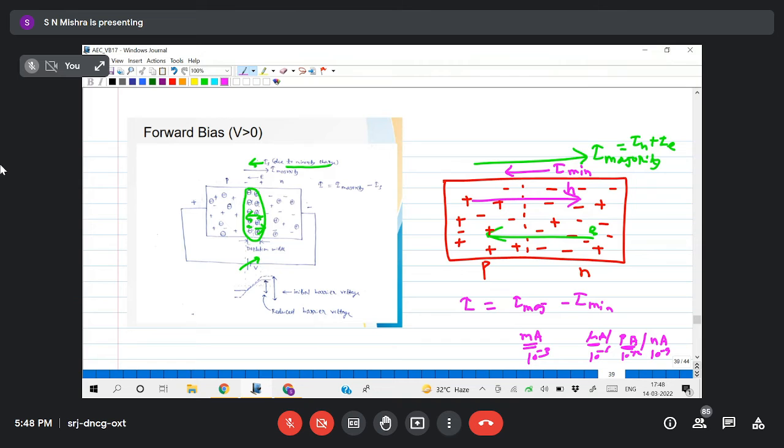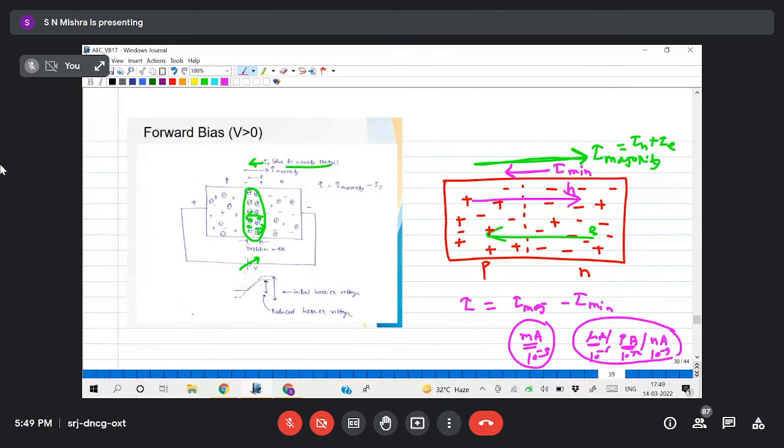To indicate that the majority current is more and the minority current is less, I have drawn the length of this arrow longer and this one shorter. The majority is in milliamperes, and the minority, which in a few minutes I will call the leakage current, is in nano, pico or microamperes.